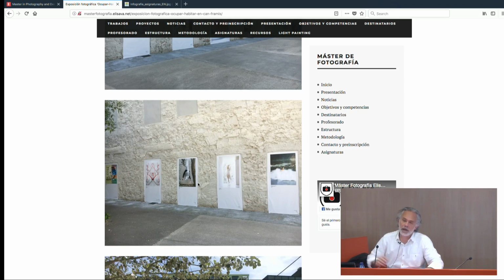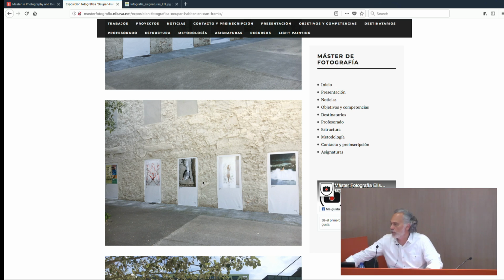And this project is about the relationship between painting and photography, and the relationship between architecture, the space, and the body, and how the space affects the way the viewer looks and interacts with the work of art.